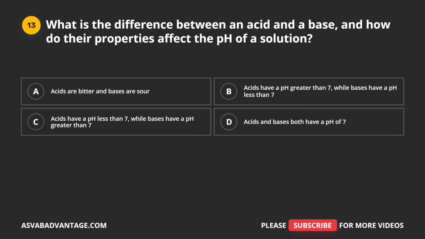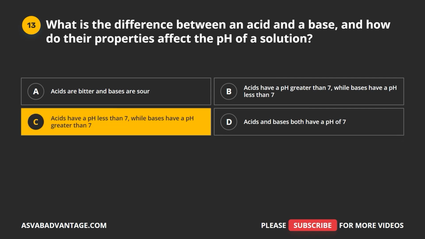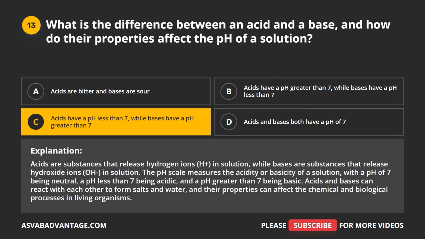The correct answer is C. Acids have a pH less than 7, while bases have a pH greater than 7. Acids are substances that release hydrogen ions, H+, in solution, while bases are substances that release hydroxide ions, OH-, in solution.